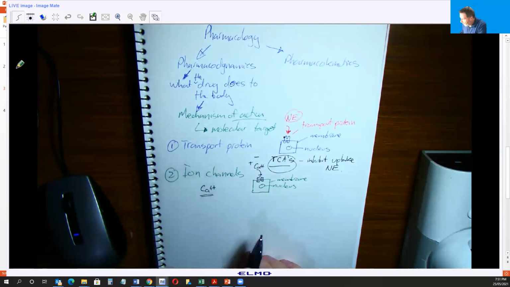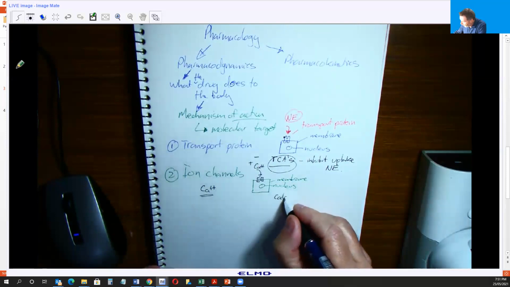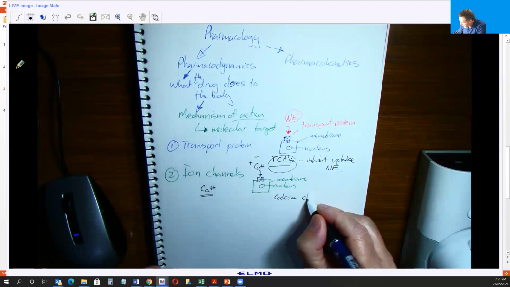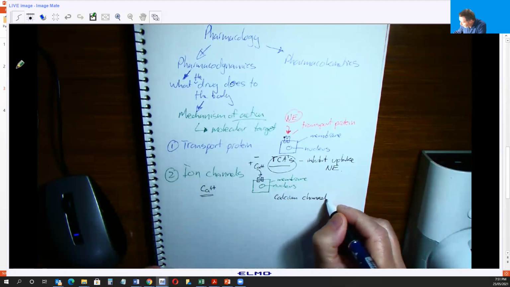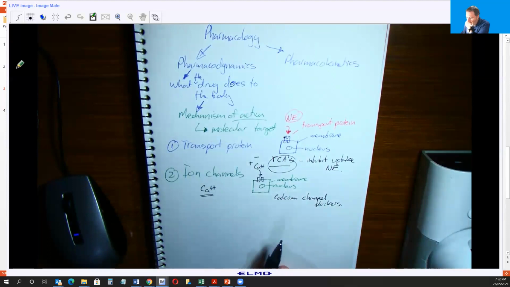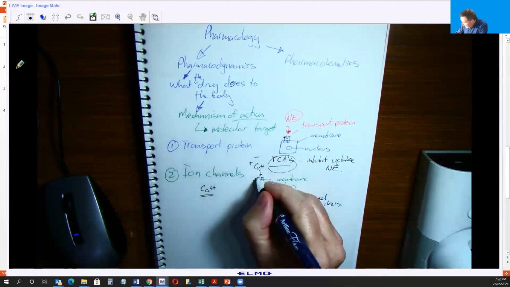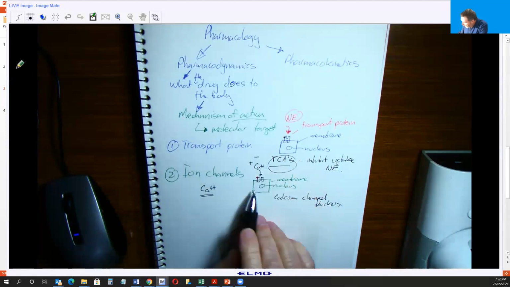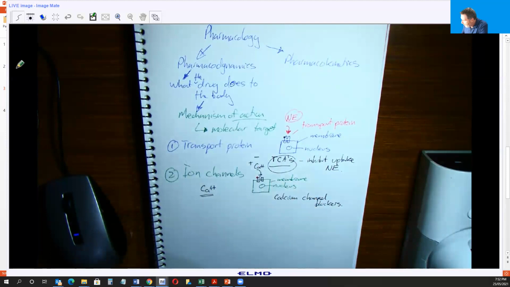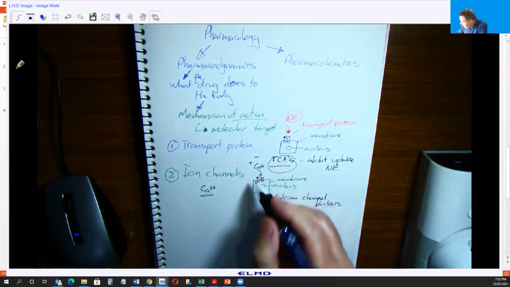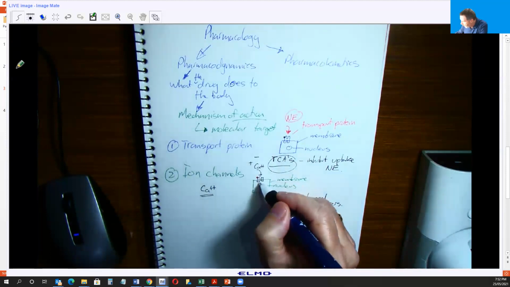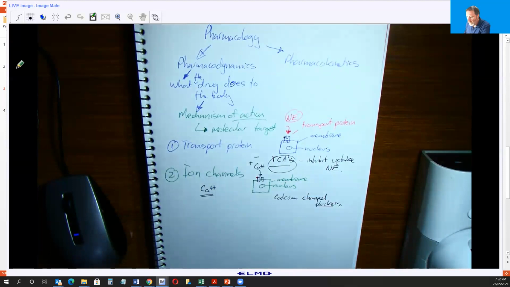Now, in a working example, there are drugs called calcium channel blockers. What these drugs do is they act right on the calcium channel, and they block it and prevent calcium coming into the cell. That can change the function of the cell.